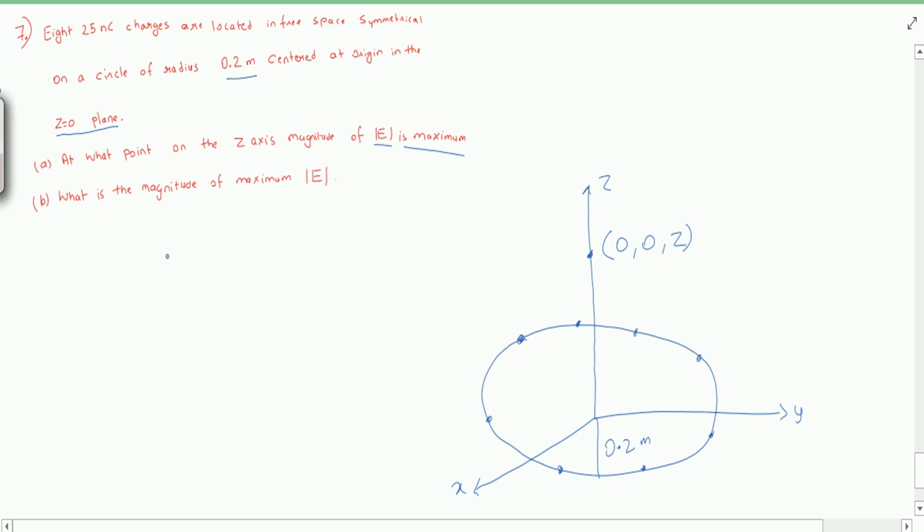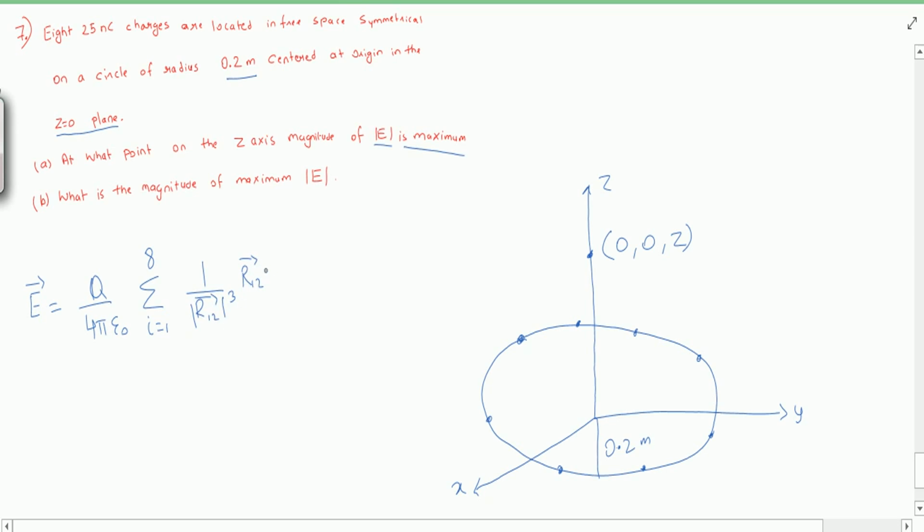So I will simply apply the superposition formula, E is equal to 1 by 4 pi epsilon naught summation over all the charges, where i is equal to 1 to 8 charges are present, and Q can also come out because each charge is of equal magnitude. So Q by 4 pi epsilon naught, what remains is 1 by the magnitude of R12 vector cube and the direction of R12.